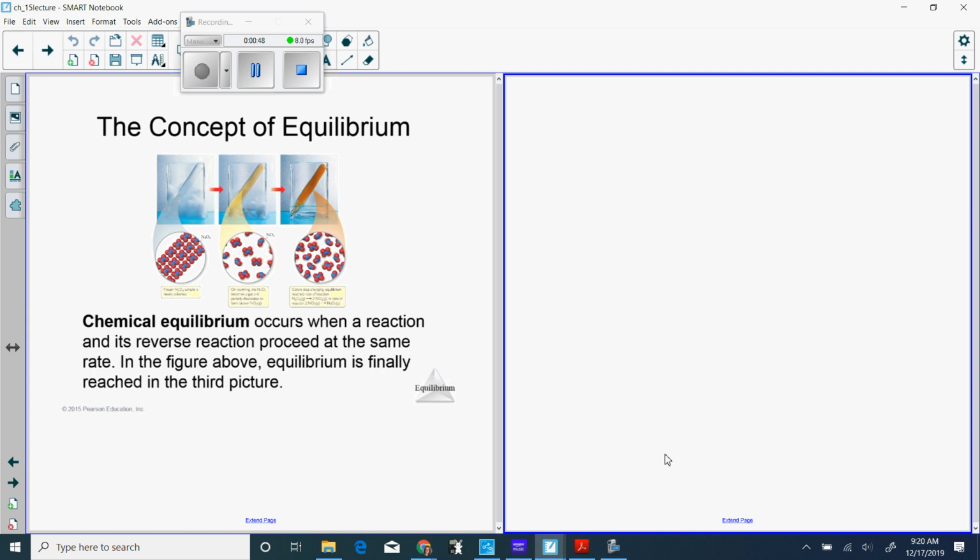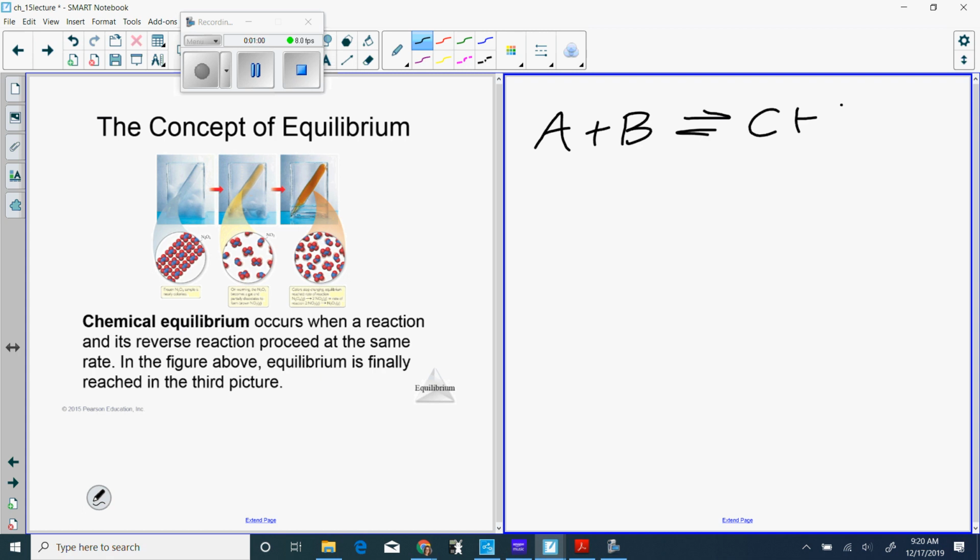So what is equilibrium? Remember, a long time ago, we talked about that if we had A plus B, I'm drawing an equilibrium arrow on purpose, make C plus D, that A has to collide with B in the right orientation with enough energy to overcome activation energy, collision theory, in order to make C plus D. But then I brought up, what would stop C from running into D and then making A and B?